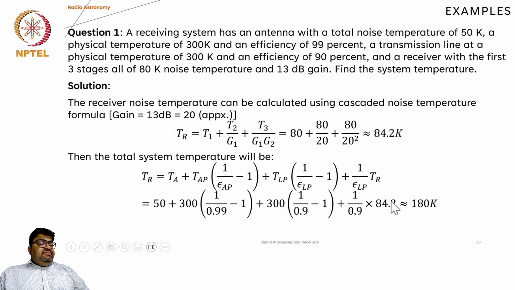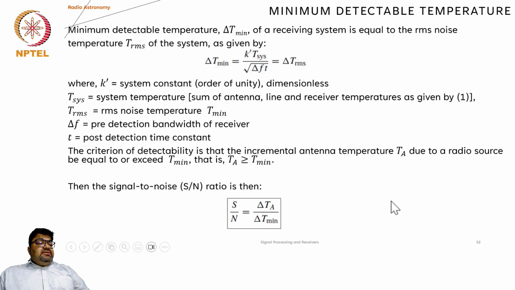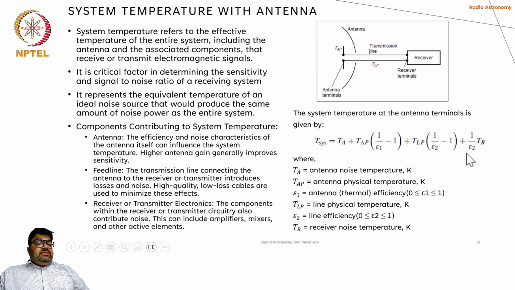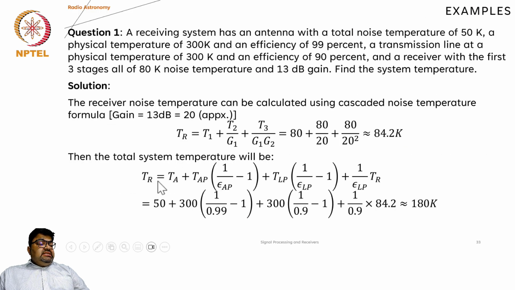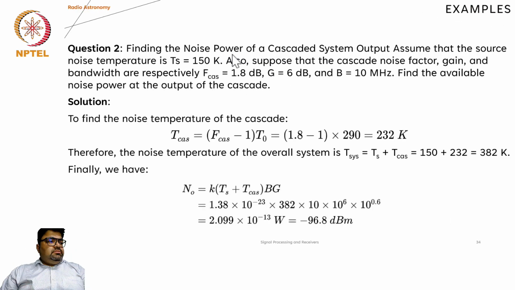So we essentially follow this expression over here. This is Tsys. There's a typo. This should be Tsys, and this is T antenna, which is 50 Kelvin. TAP is 300 Kelvin, 1 over 0.99 minus 1, then 300 times 1 over 0.9 minus 1, and then 84.2 divided by 0.9. This gives rise to 180 Kelvin.